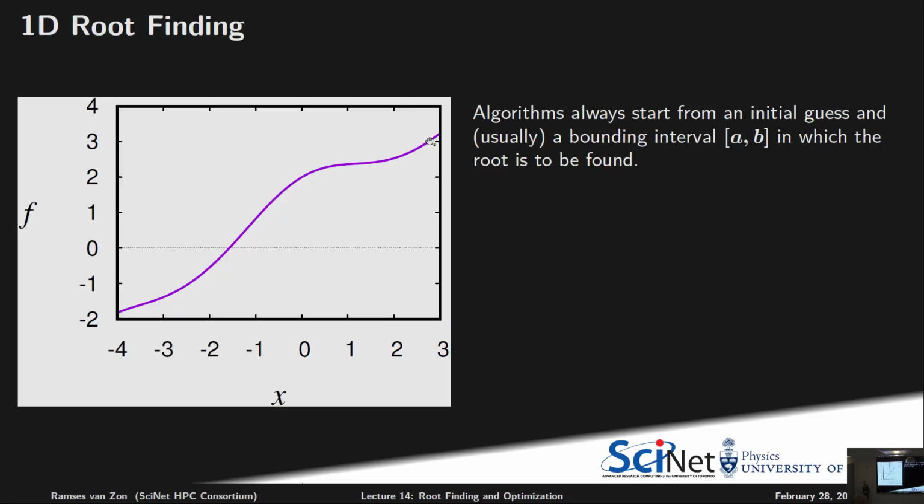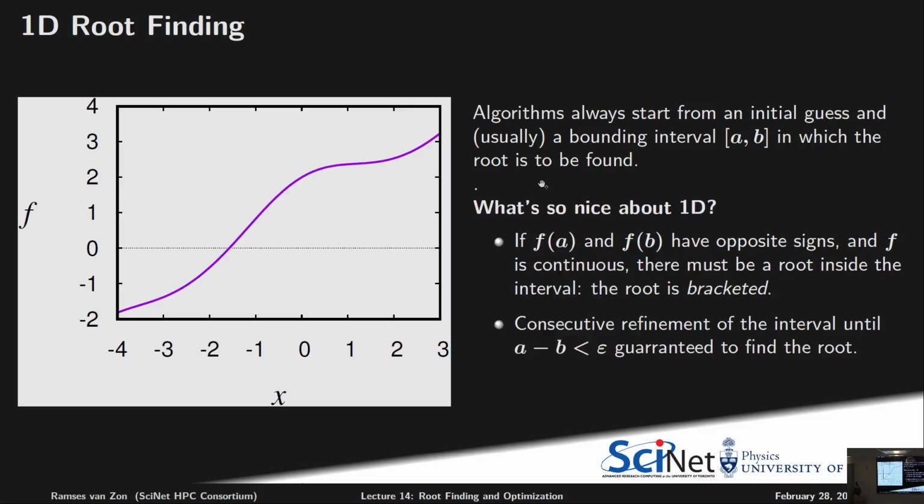Find an interval where the function is negative on one side and positive on the other side, or the other way around, because that way you know there is a root.